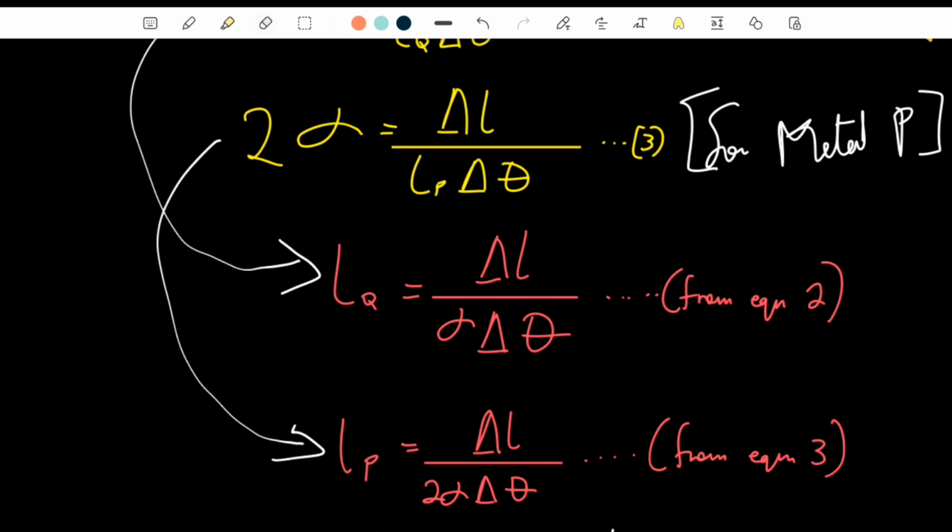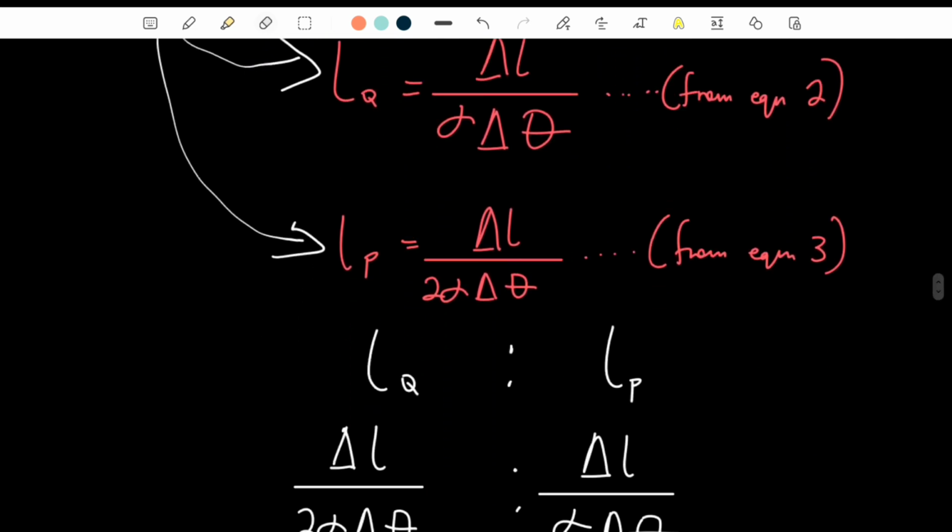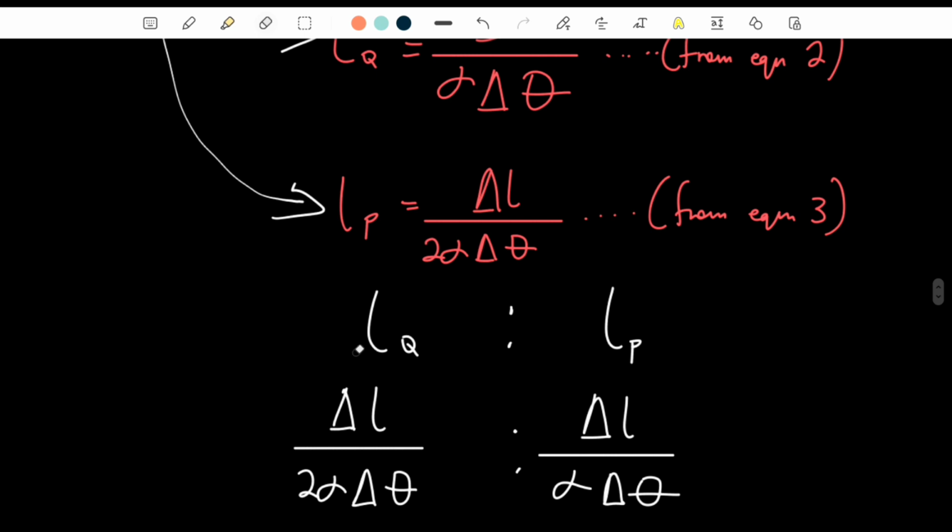So we've interpreted that particular question. So we have the ratios. Original length of metal Q, you have that right here, and for metal P, you have that right here.